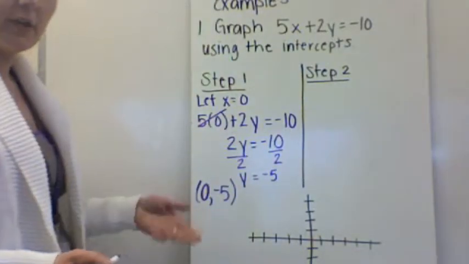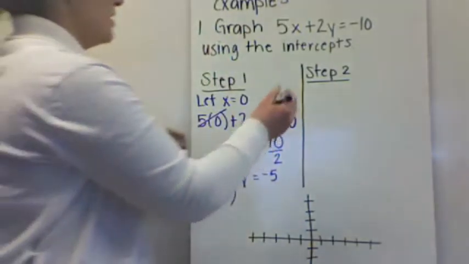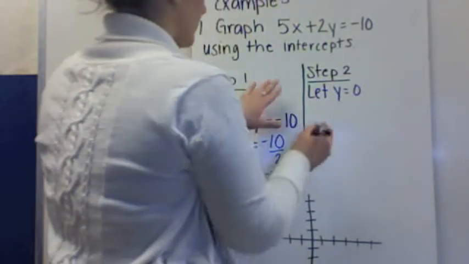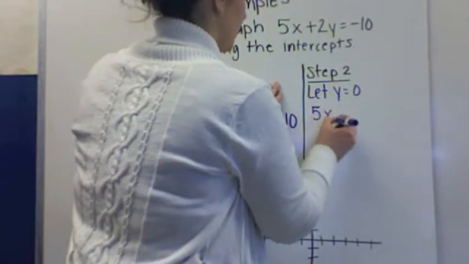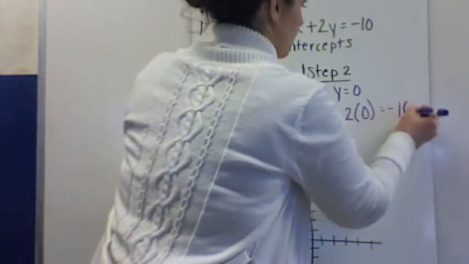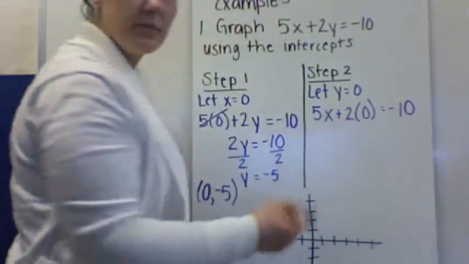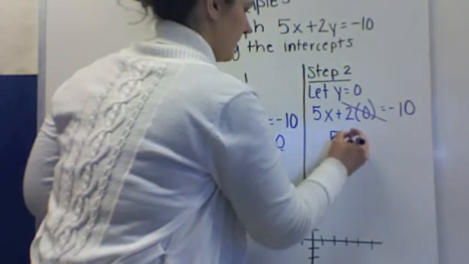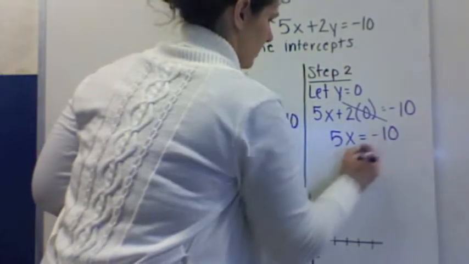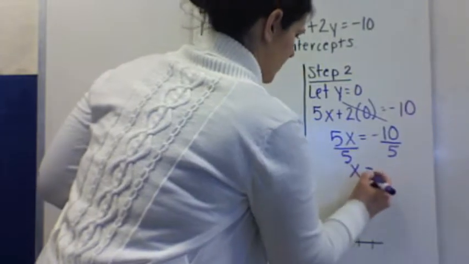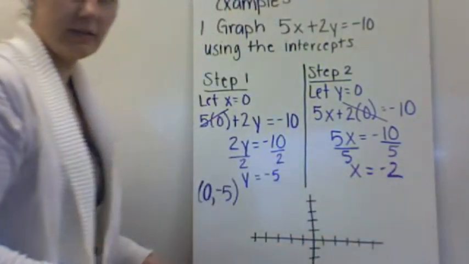Now we just need to find our other point, our x-intercept. So now we need to let y equal 0. So 5x plus 2 times 0 equals negative 10. Again, 2 times 0 is 0. 5x equals negative 10. Divide both sides by 5. X equals negative 2.